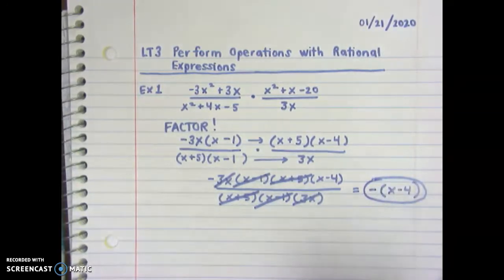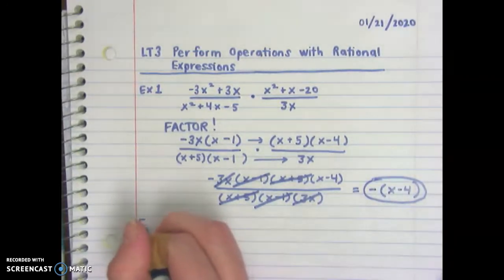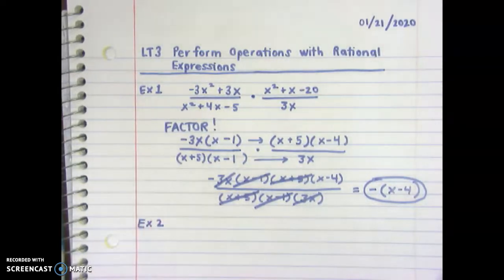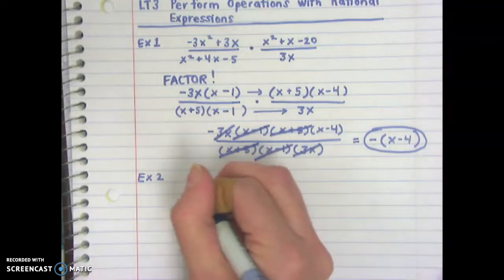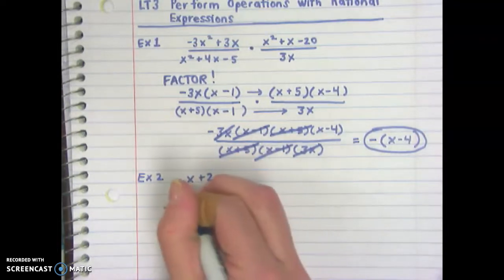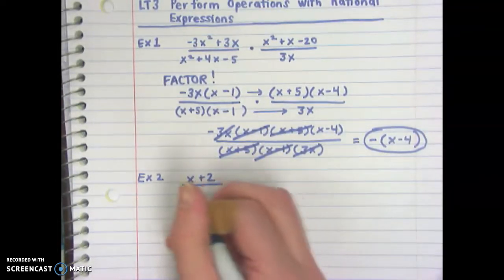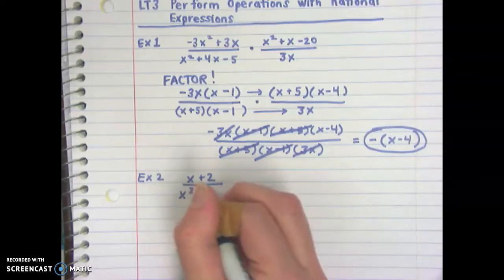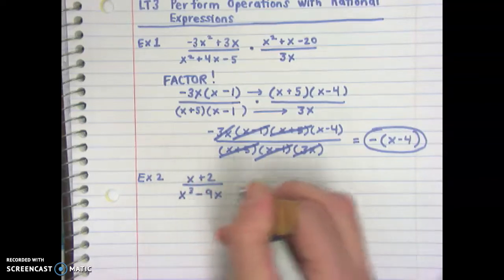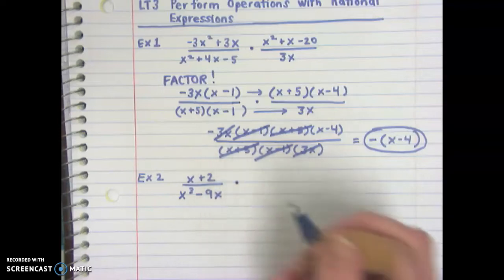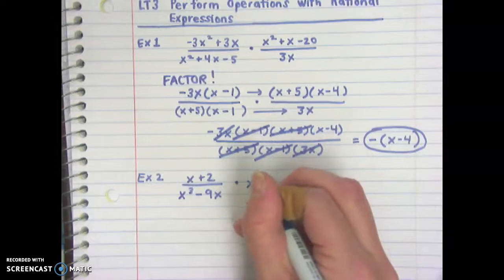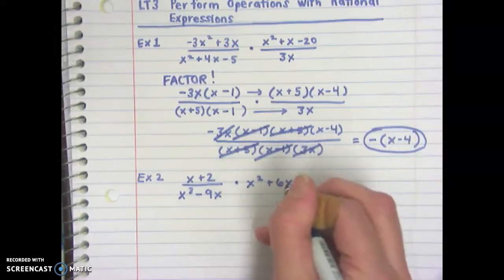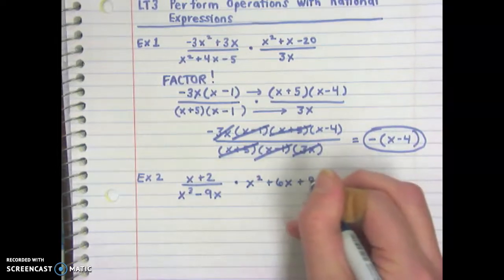My second multiplying example, x plus 2 divided by x cubed minus 9x, times just the quadratic x squared plus 6x plus 9.